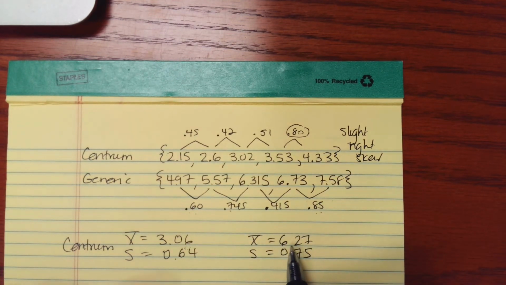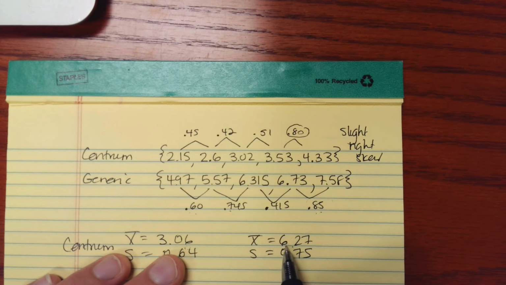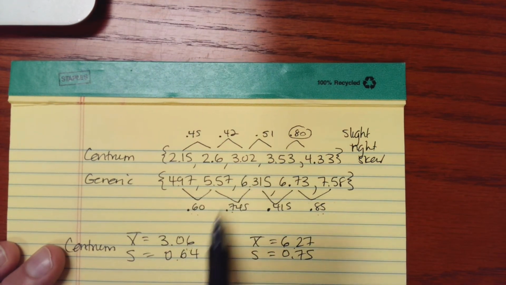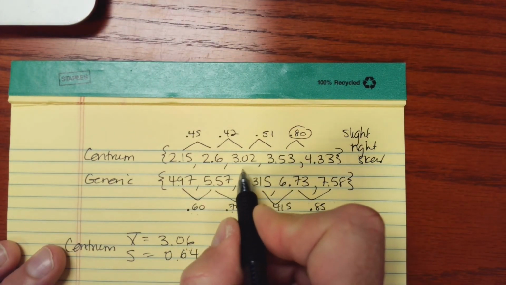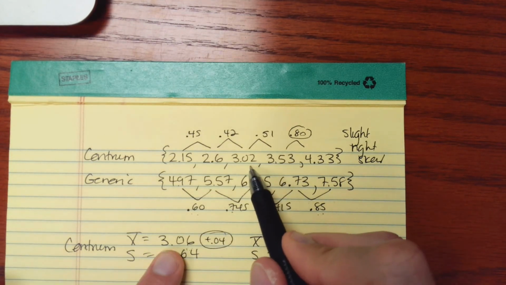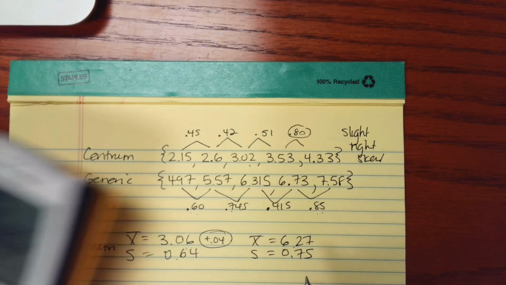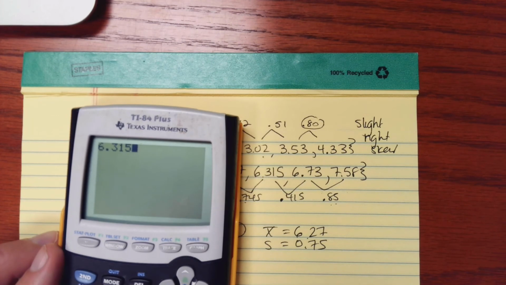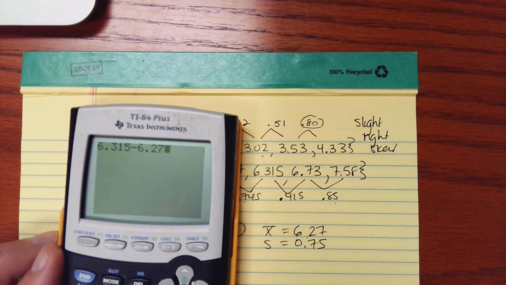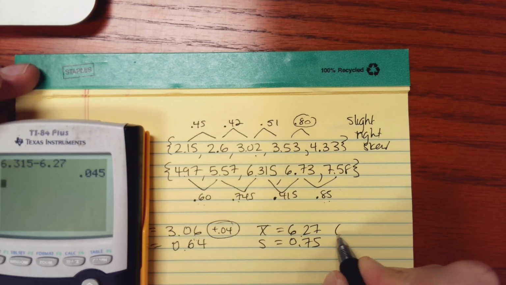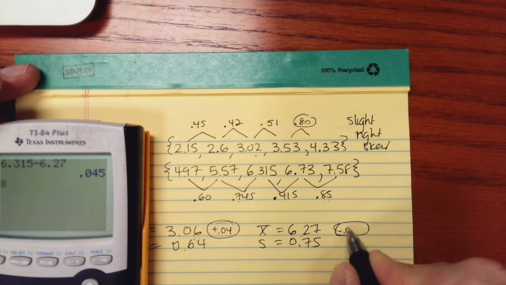So those numbers are, well, I really think that in either case, this was only off by a difference of plus 0.04 between these two values. 6.315 minus 6.27 is actually a difference of 0.045.